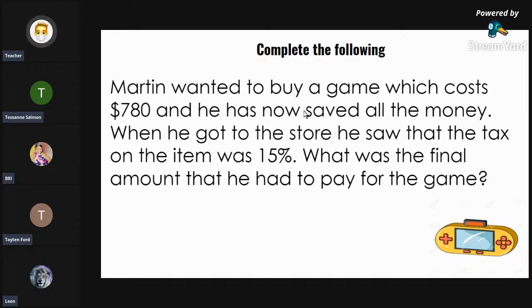If it is that it's $780 and tax on it would have been 15%, how much money do we need to pay?